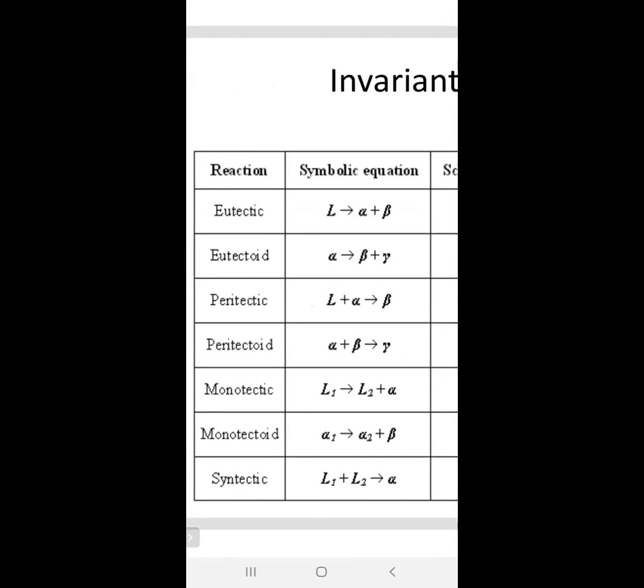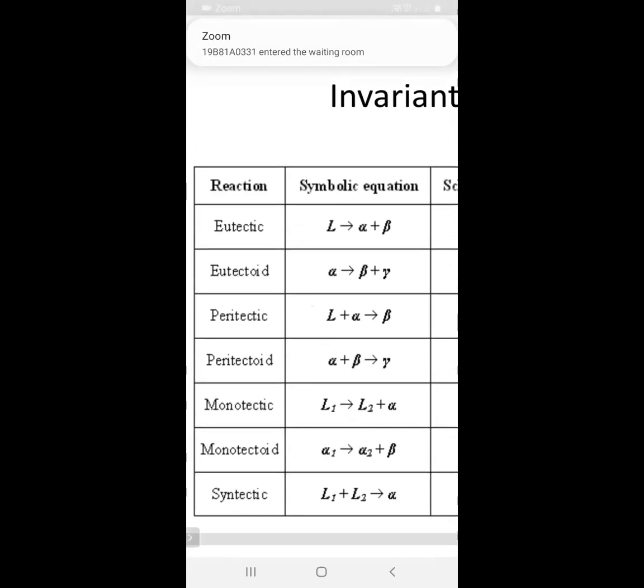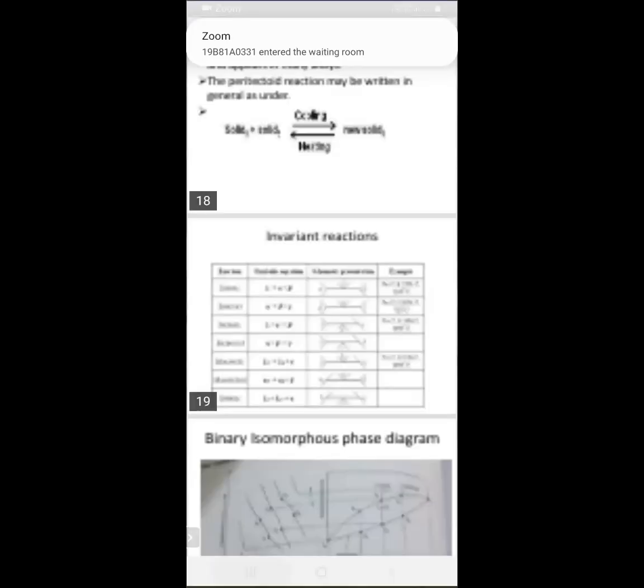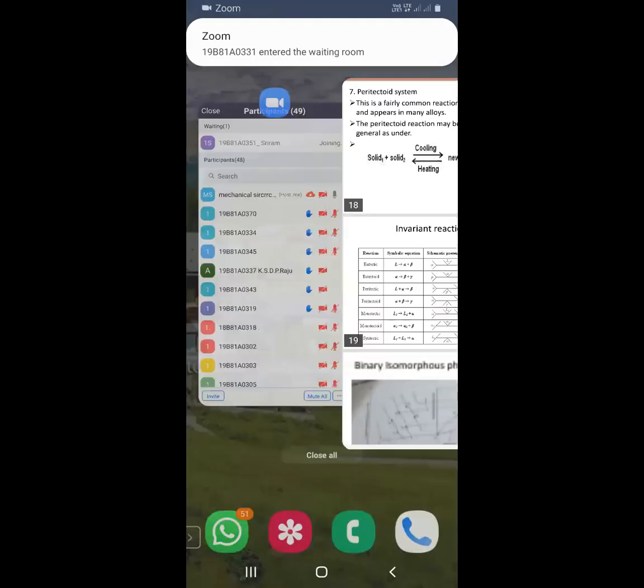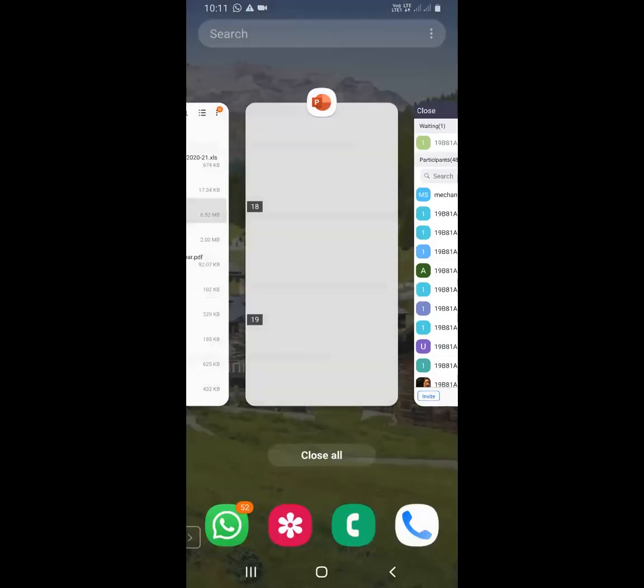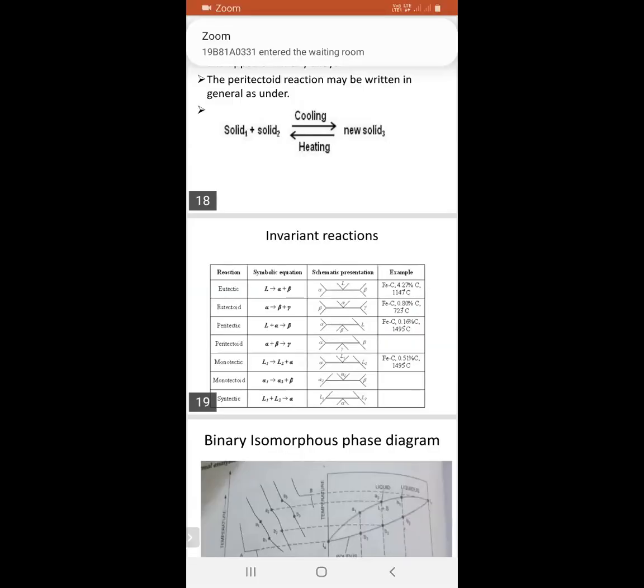Eutectic: liquid gives two solids, alpha plus beta. Eutectoid: one solid gives two solids.